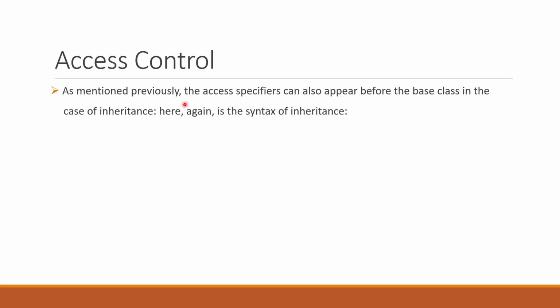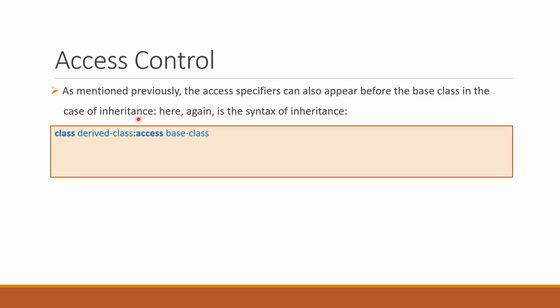As mentioned previously, the access specifiers can also appear before the base class in the case of inheritance. Here again is the syntax of inheritance. We say the class keyword, followed by the name of the derived class, and we inherit from the base class using some access specifier. Then we have the body of the class.